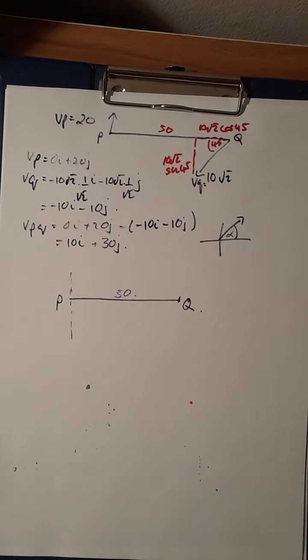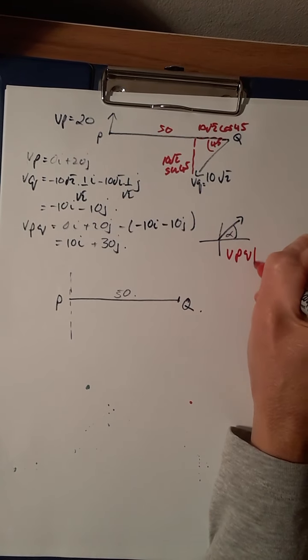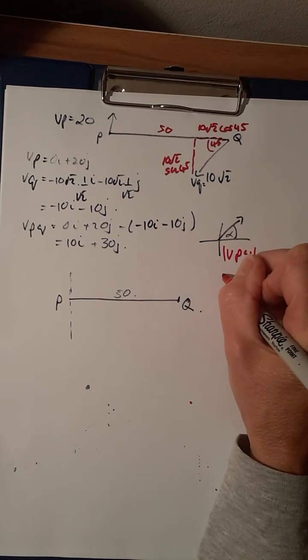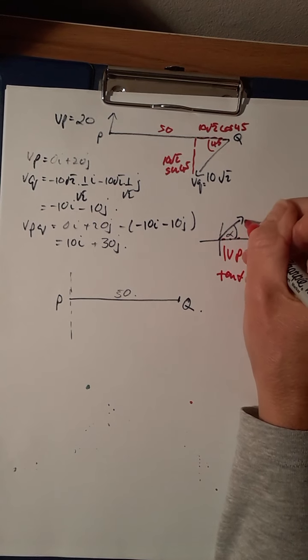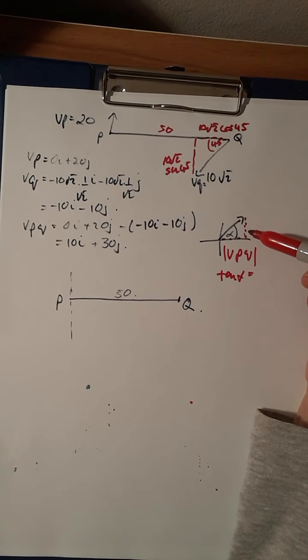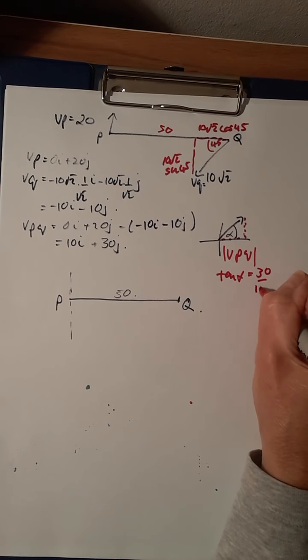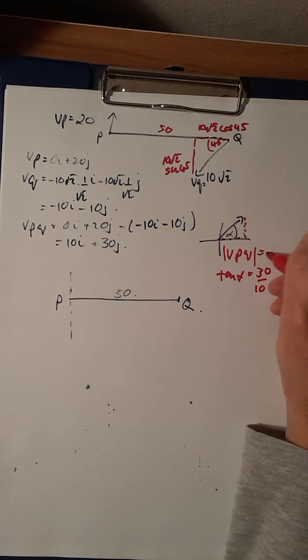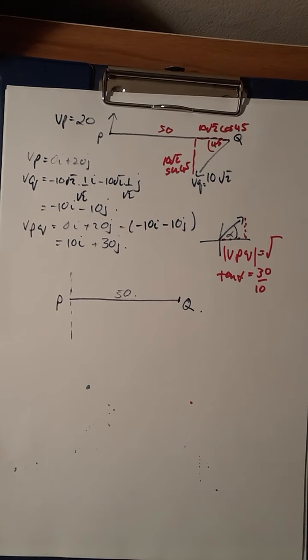This angle here is alpha. So I'm going to find the magnitude of VPQ, and I'm going to get the direction of VPQ. So tan of alpha is equal to, of course, the J over the I components. So the J component is 30, the I component is 10. So the tan of alpha is 30 over 10. The magnitude, of course, is the square root of the I component squared plus the J component squared.